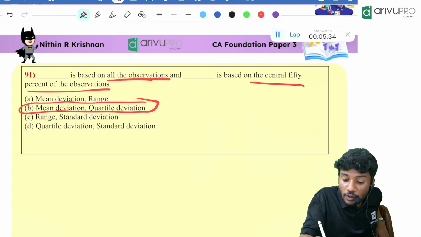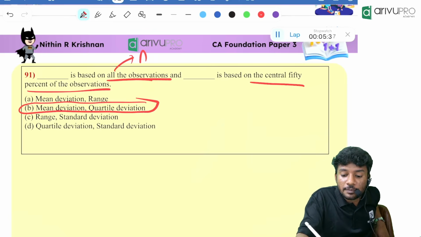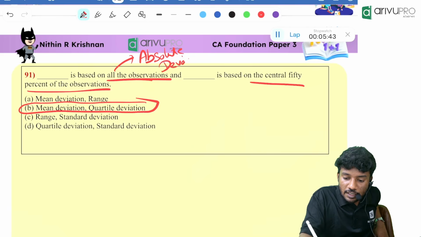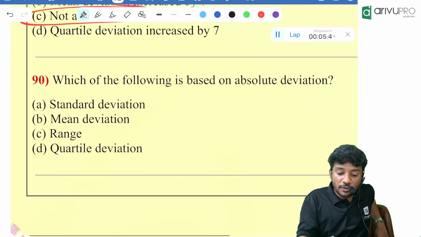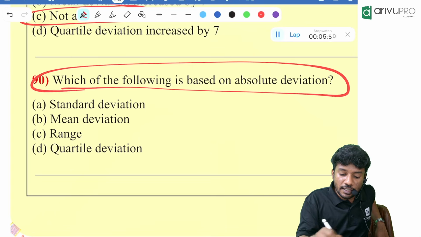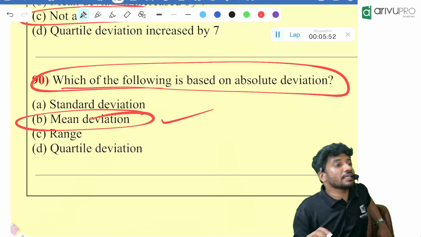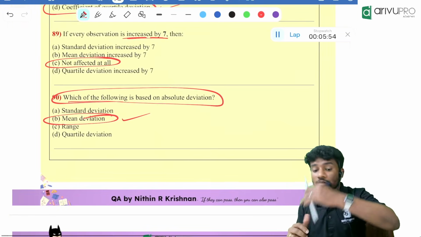Since it is based on all the observations, we will call it by another name. It is called absolute deviation. Okay. Mean deviation is called absolute deviation. Which of the following is called absolute deviation? Mean deviation. Why? Because it is based on all the observations.